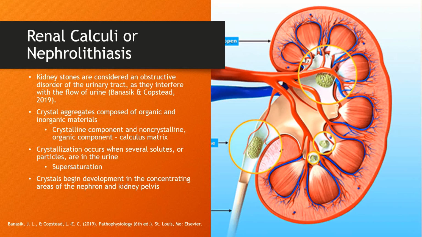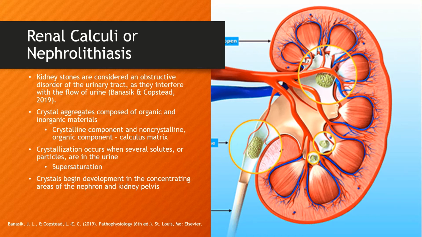So now we'll go over what kidney stones actually are. They are called kidney stones because in the Greek language, lithiasis means stone, and nephron is the Greek name for kidney. So from nephrolithiasis, you get kidney stones.